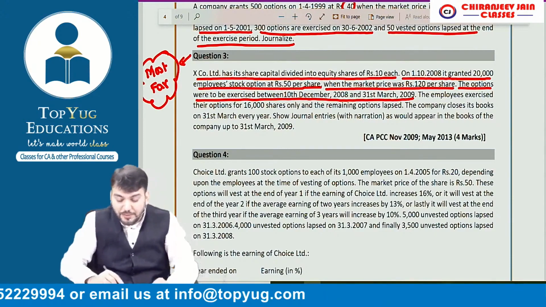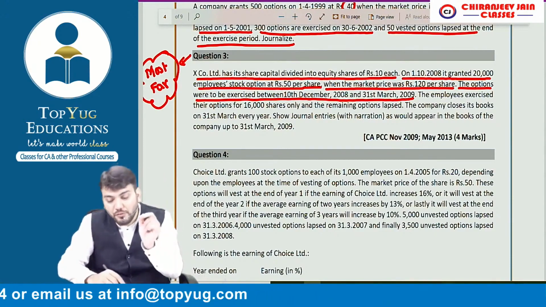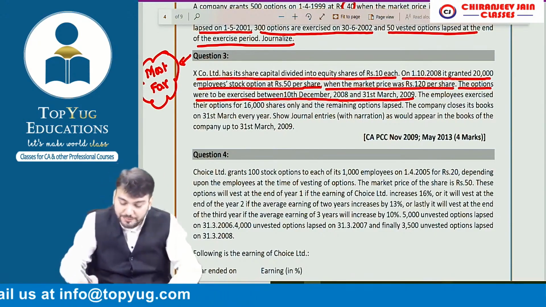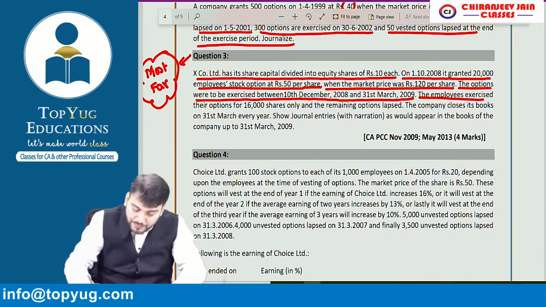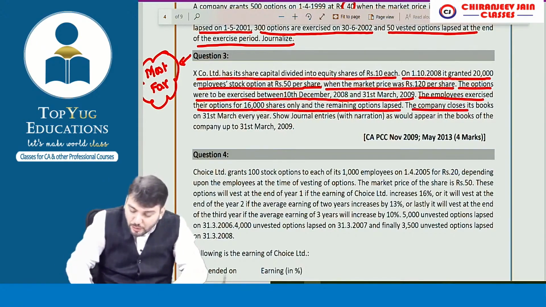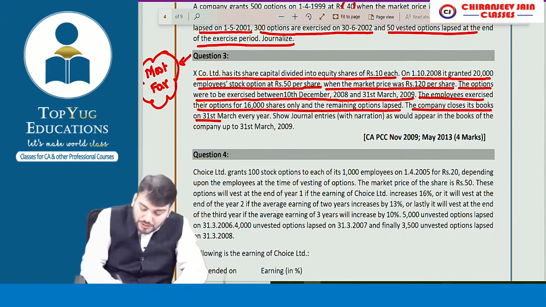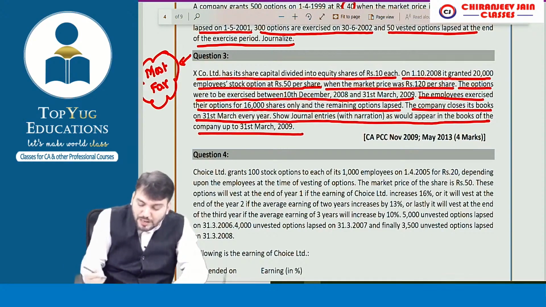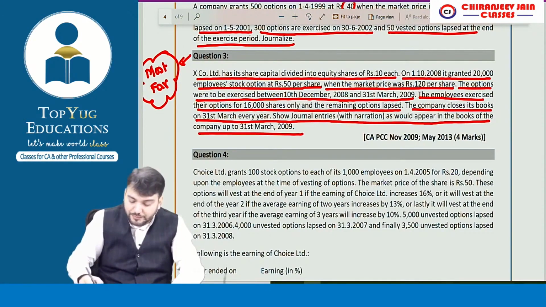You can see the vesting period is less than 1 year; the vesting period can be less than 1 year. The employees exercised their options for 16,000 shares only and the remaining options lapsed. The company closes its books of account on 31st March every year. Pass the journal entry with narration as would appear in the books of the company up to 31st March 2009. Understood?